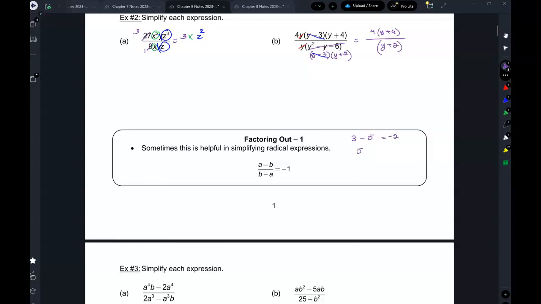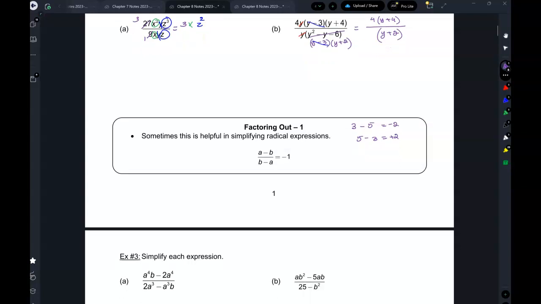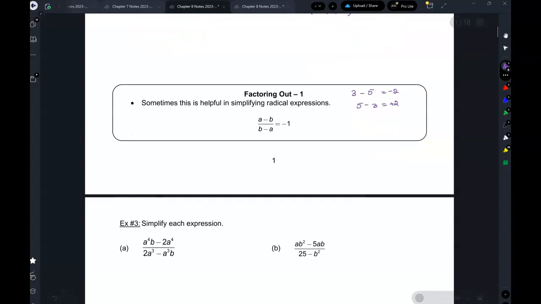But if you have 5 minus 3, +2, right? So when you are subtracting two things, switching the order only makes a negative difference, correct? So if I have a minus b and b minus a, I can cross both of these out and it'll be a -1. Okay?